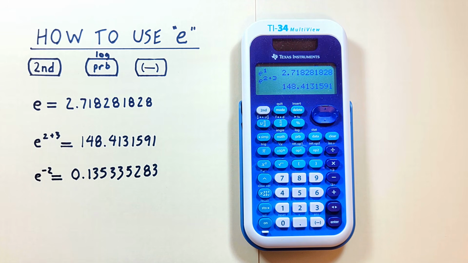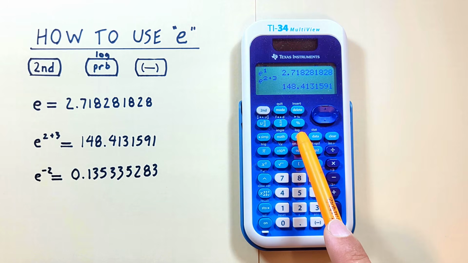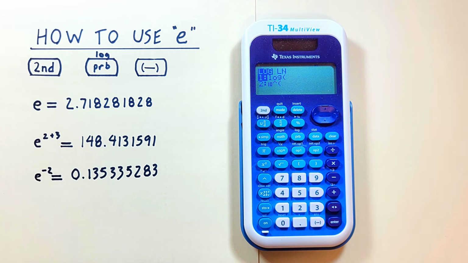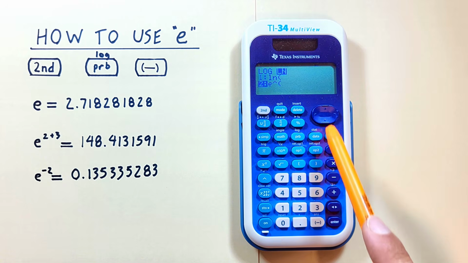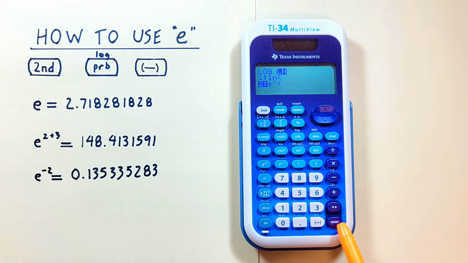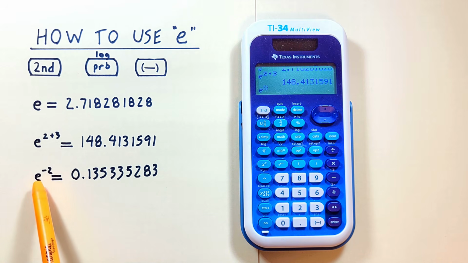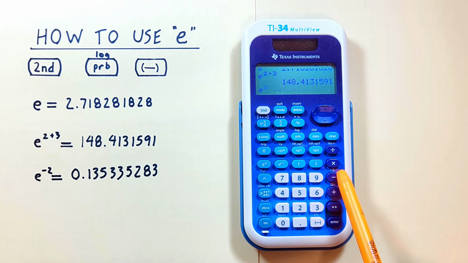What if we want E with a negative exponent? Again, we go second probability, scroll over to the ln, and then down to the 2 for E. And for this example, we're doing E to the power of negative 2. So we use the negative key here, not the subtraction, the negative key.